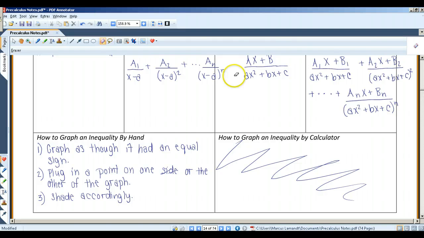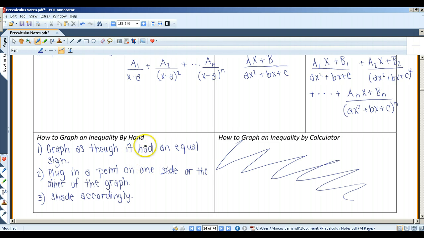So whatever the inequality symbol is, just graph it as though it was an equal sign instead. Then you're going to want to plug in a point on one side or the other of the graph that you have, and then shade accordingly. Basically, if the point you chose satisfies the inequality, you shade the side with the point. If it doesn't satisfy the inequality, you shade the other side.